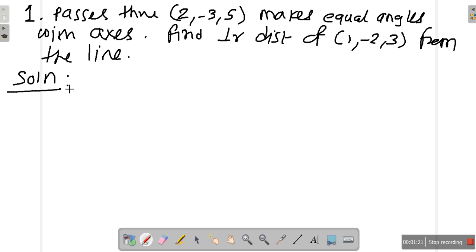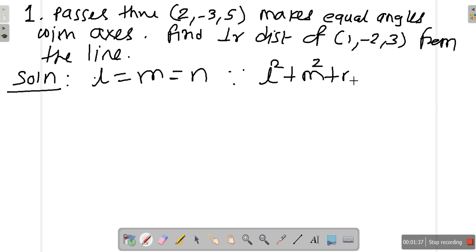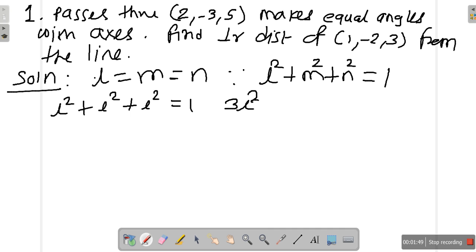But the first thing to do is to find the equation of this line. When the line makes equal angles with the axis, the direction cosines of the line are the same. Now we know l square plus m square plus n square is equal to 1, and that gives me 3l square is equal to 1, and that gives me l as plus or minus 1 by root 3.